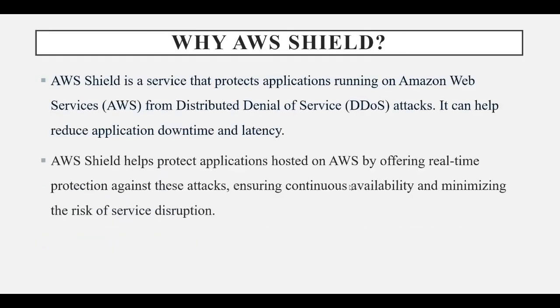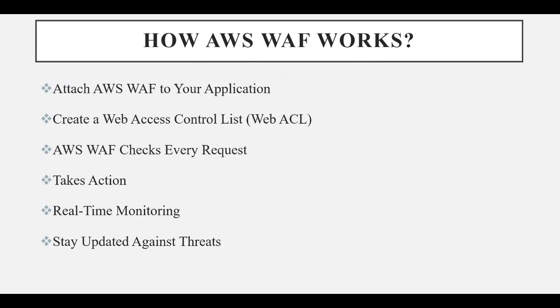So let's move to the next. That is how AWS WAF works. So we will see how the web application firewall works. The web application firewall can control our protected resources, responding to HTTP web requests, and it defines a web access control list associated with one or more web application resources you want to protect.